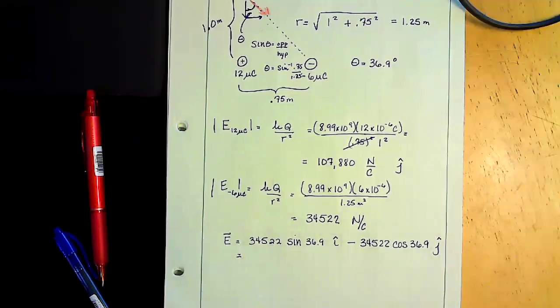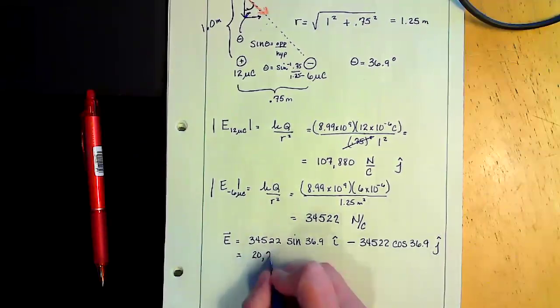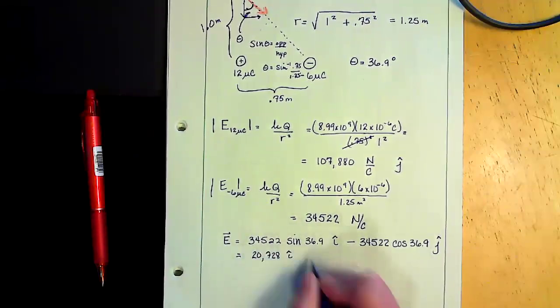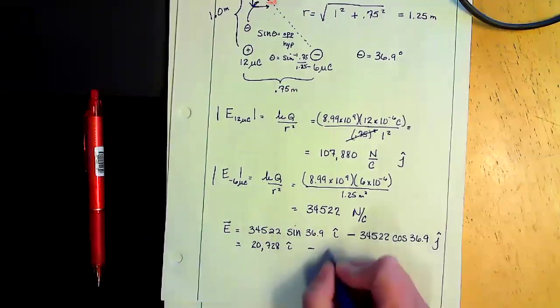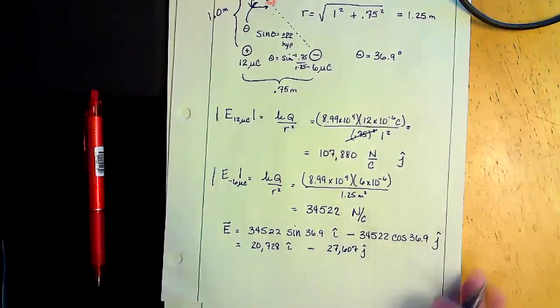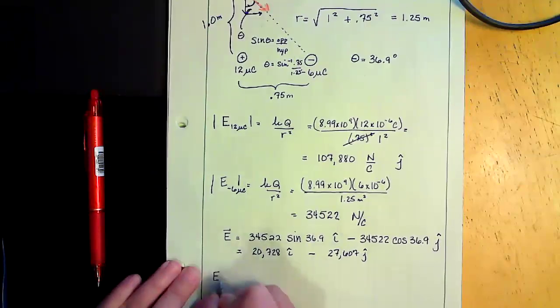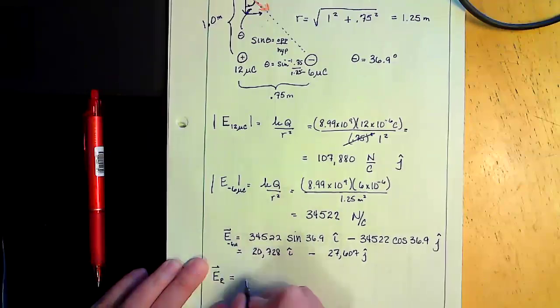34522 times... This gives me 2728 in the I direction minus 27,607 in the J direction. Now my resultant electric field is going to be the addition of these two.